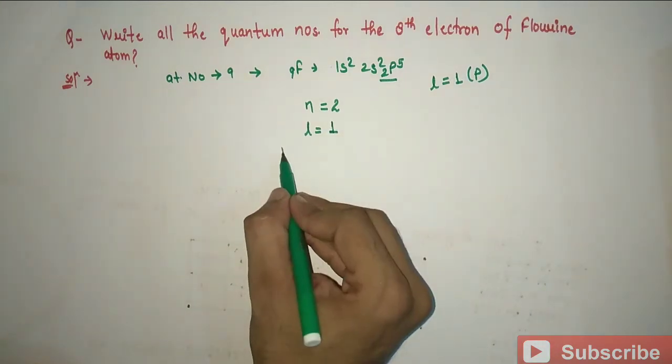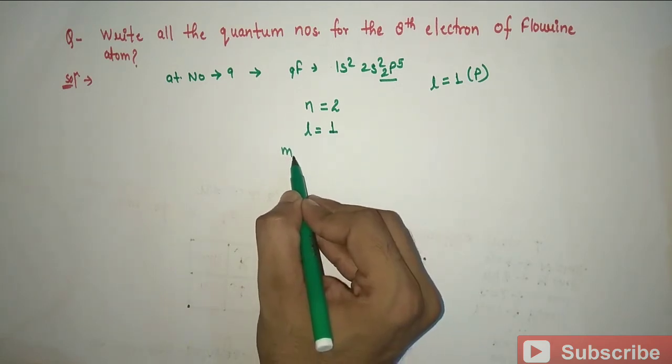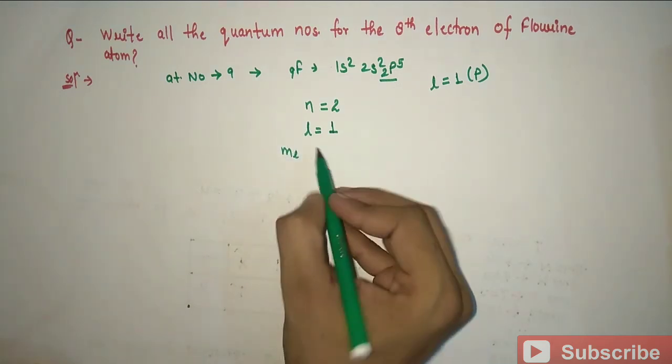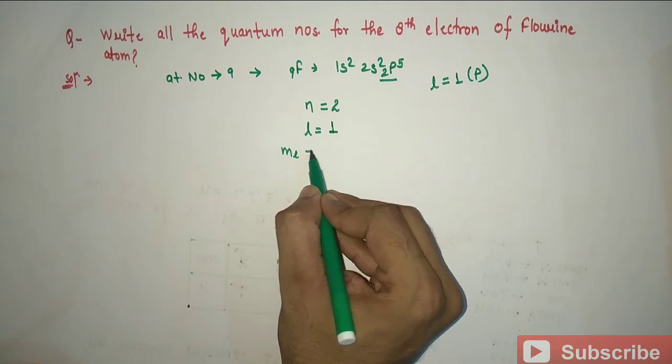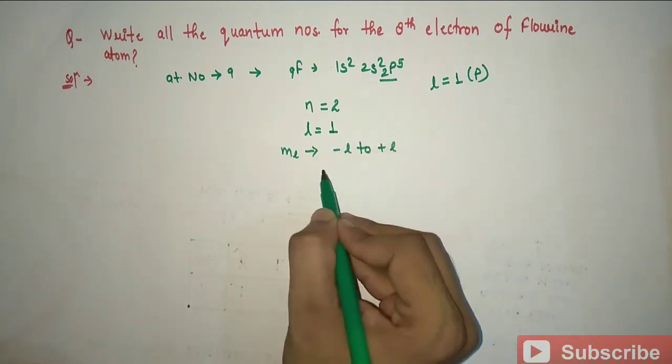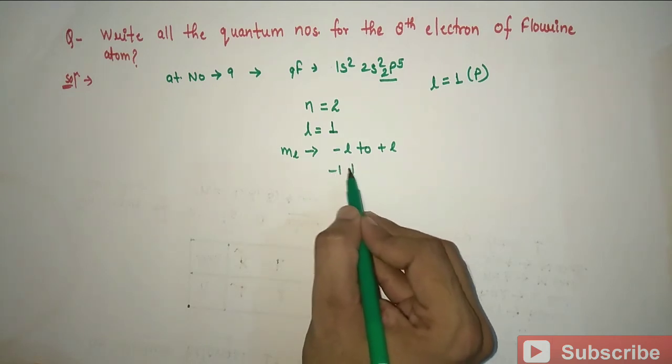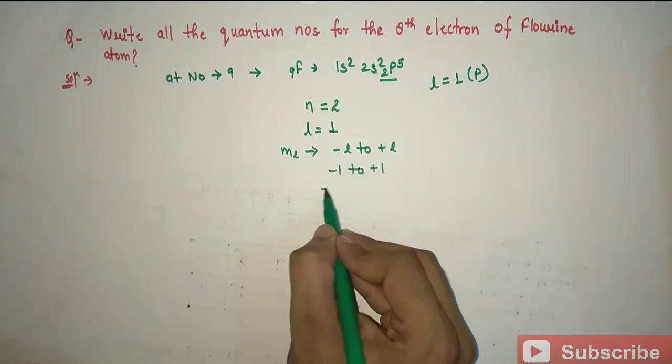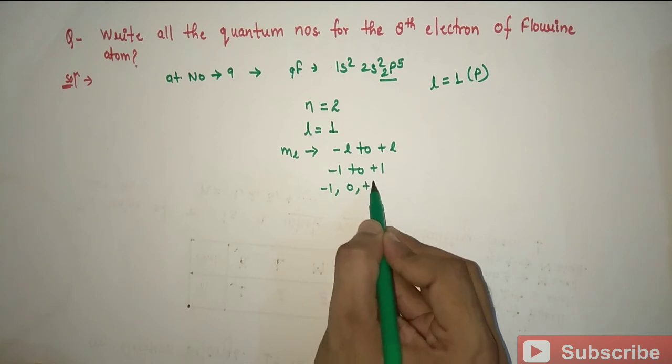Now moving on to the magnetic quantum number. Since the value of the magnetic quantum number is given as minus L to plus L, it can have values minus 1, 0, plus 1.